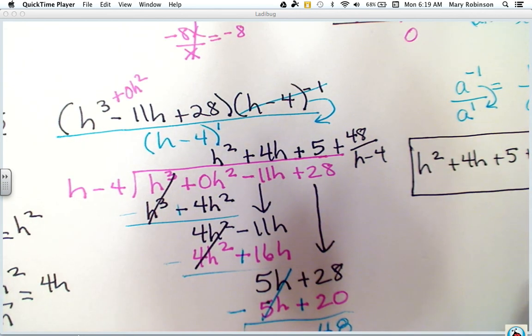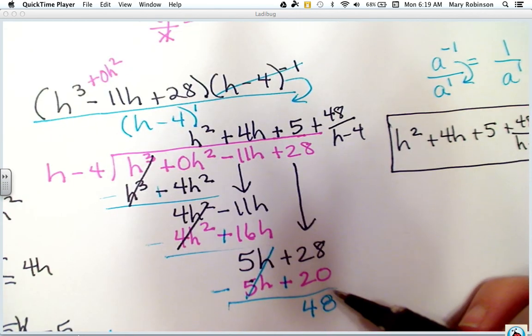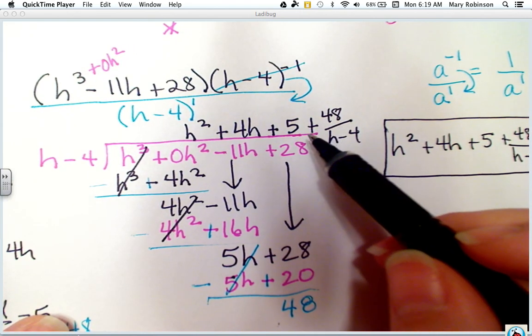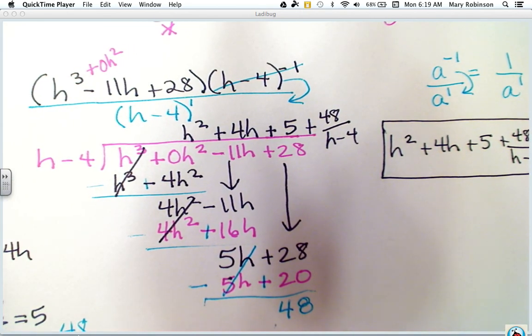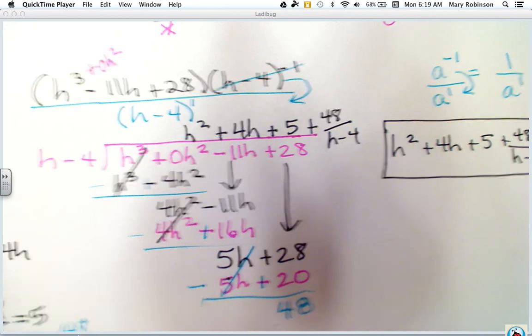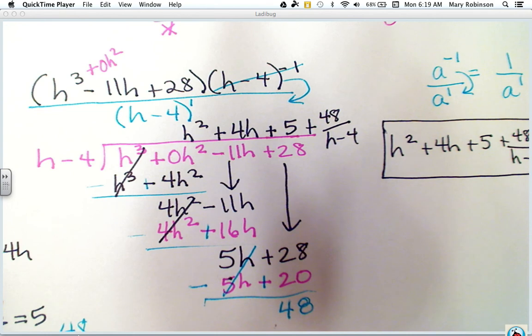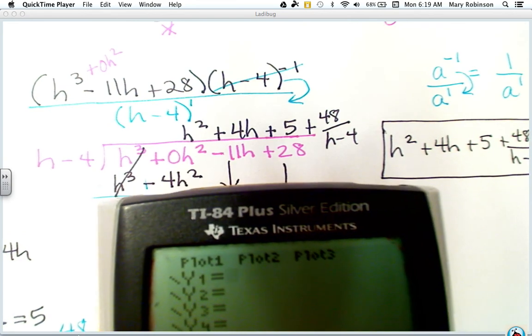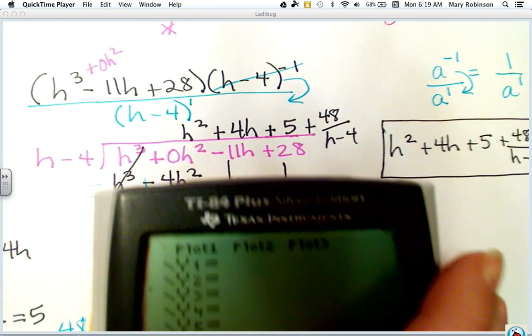Now, if we had a negative constant here that was left over, then instead of plus 48, we would put minus 48. So let me show you again how we can type this in our calculator to check our answer. How you type it in is very important because if you make any mistakes, you won't be checking it right. So remember what I said is to first take in y1 and put in your dividend.